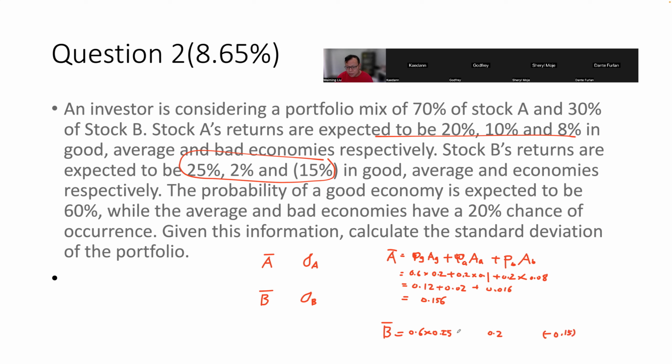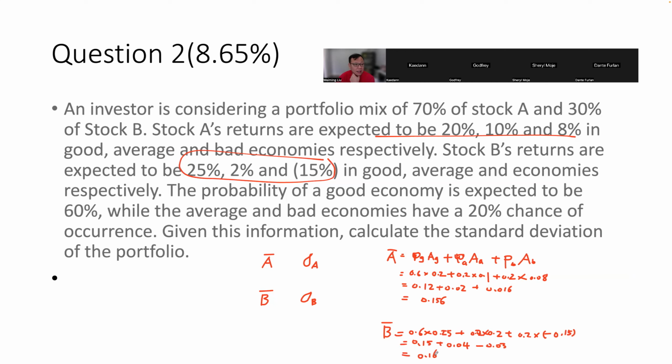And I'm going to use the probabilities 0.2 plus 0.2. So here, this one is going to be 0.15. This one is 0.04. And minus this one is going to be 0.03. So the expected return for B would be 0.16.